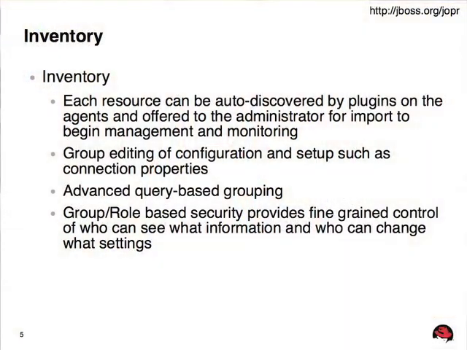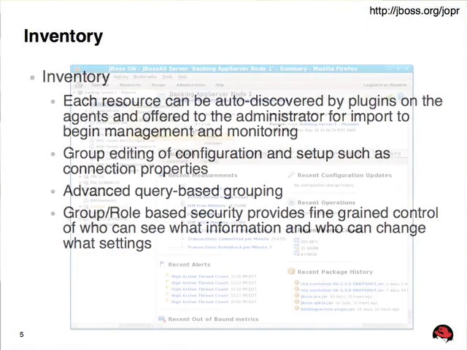It'll go out and discover them, figure out where they're running, what ports they're running on, so you don't have to do a lot of the tedious management you have to do with other monitoring platforms and configuration-based platforms. It'll go out and actually find what port JNP is running on, what IP address it's bound to, etc., and auto-import that into the inventory.